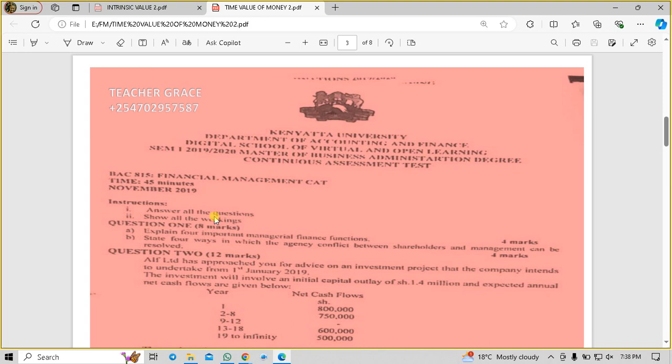So this is a card question. Question 1, you can see you're told to explain 4 important managerial finance functions. I think we have repeated this question several times. State 4 ways in which agency conflict between shareholders and management can be resolved.